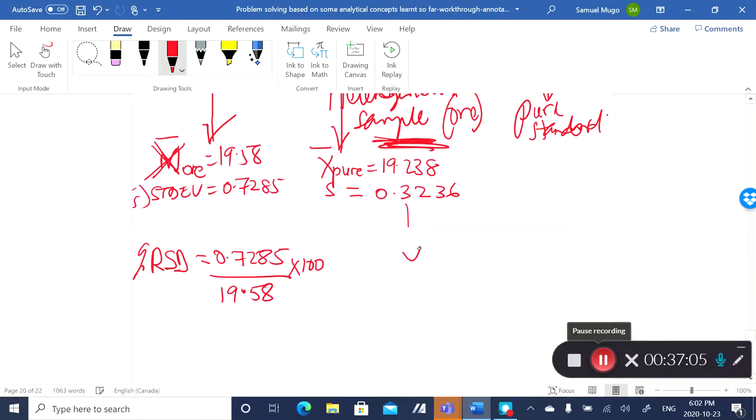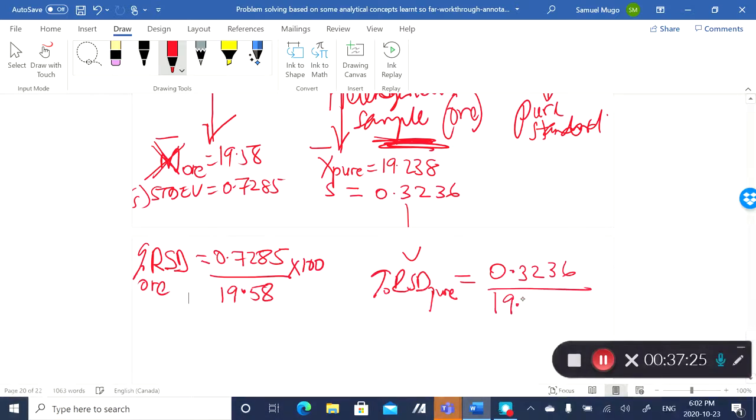Similarly, you do the percent RSD for the pure one, whereas this one is for the ore: 0.3236 divided by the mean, which is 19.238. That's the definition of relative standard deviation, times 100. When you do those calculations, you're going to see this is 1.68, whereas this is 3.72.